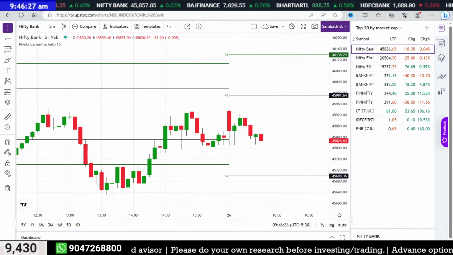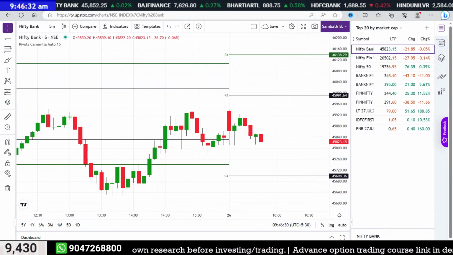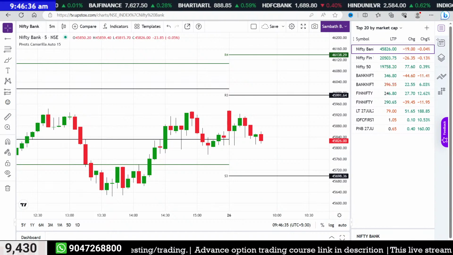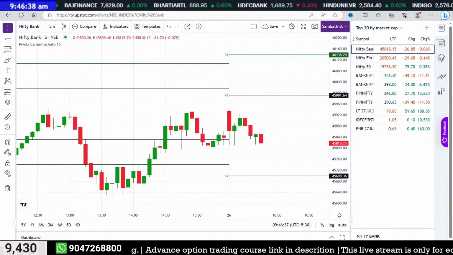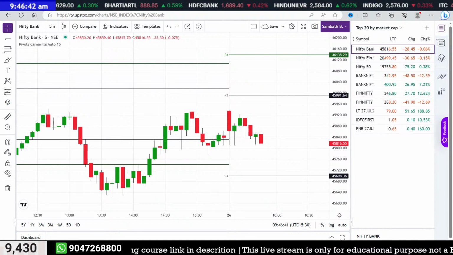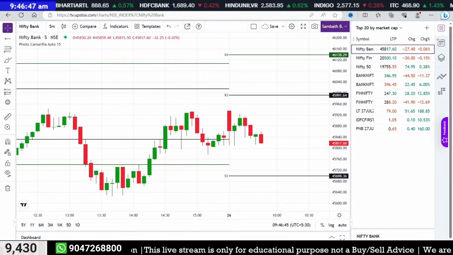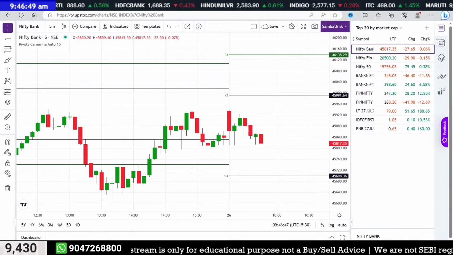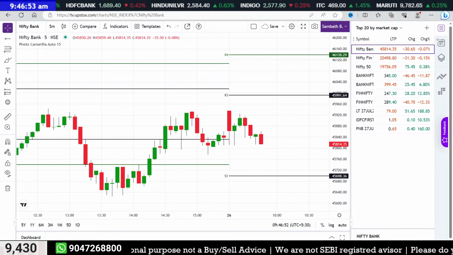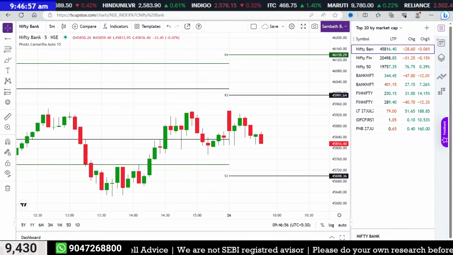It's still slightly moving down, and Nifty Bank and Nifty Finance both are negative, and Nifty 50 is still positive. Maybe one or two stocks on a weightage basis will be on the top. Maybe Bank Nifty is slightly moving down.